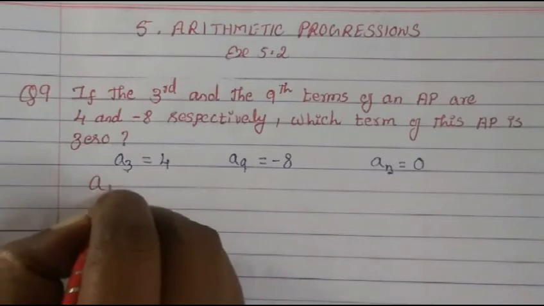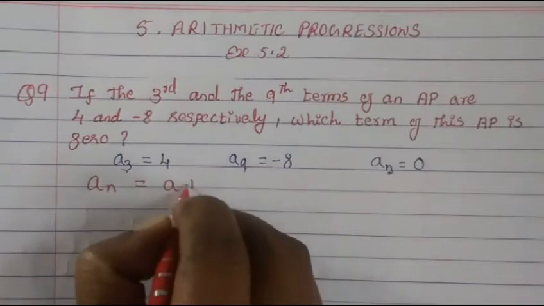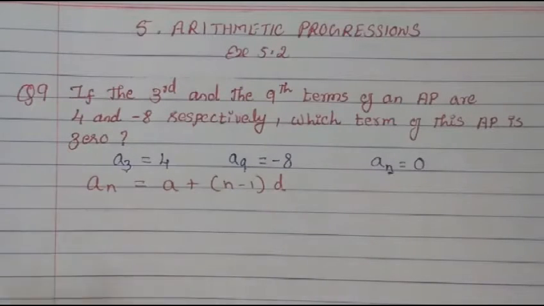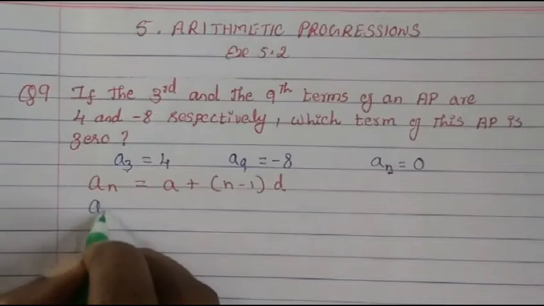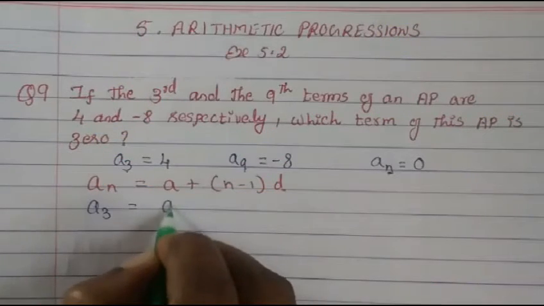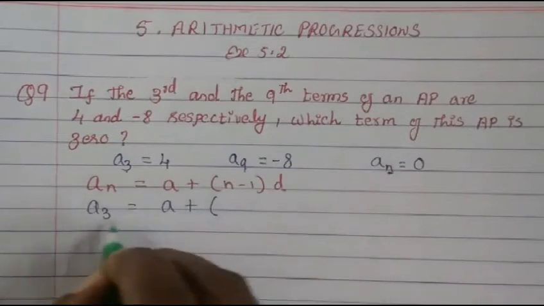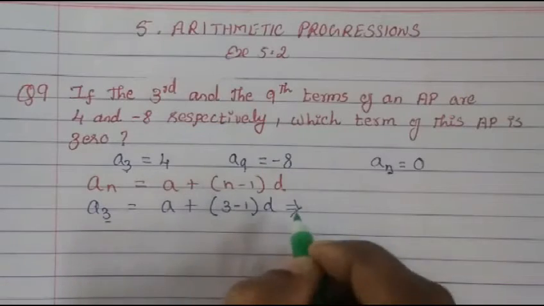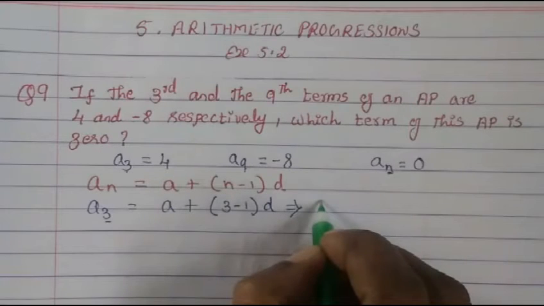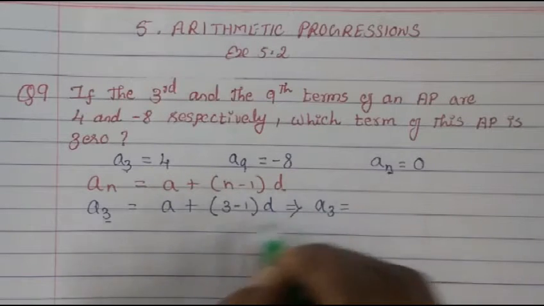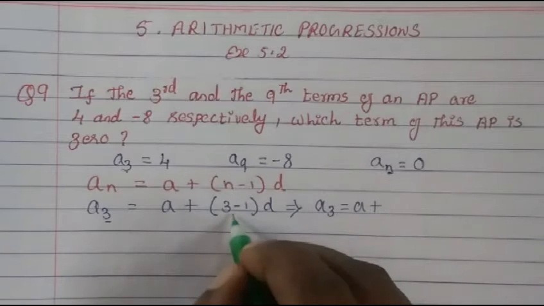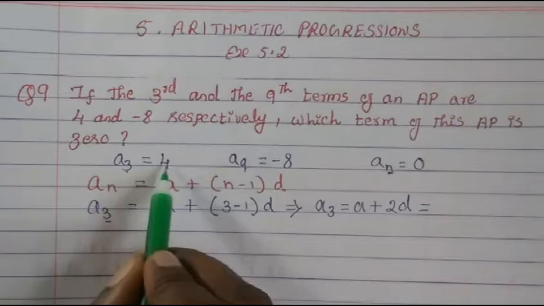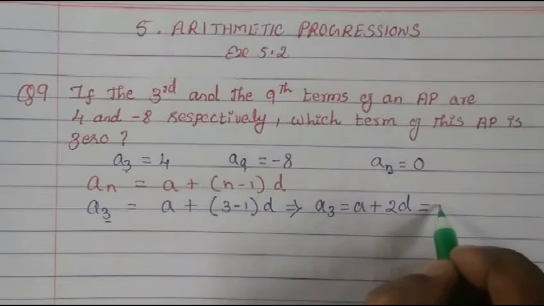Formula is what? AN equal to A plus N minus 1 D. So let's write down the third term we know, that is A3. A plus N is 3, so 3 minus 1 D gives us A3, A plus 2D, and it is given to us that A3 is equal to 4.